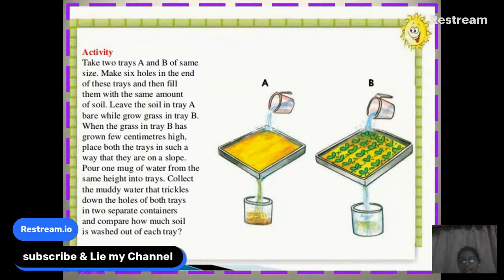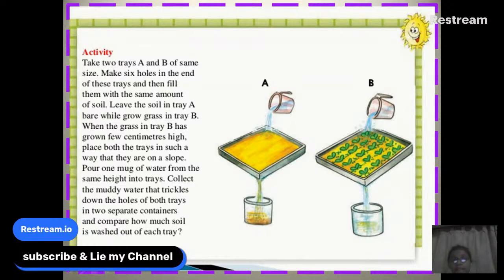Why does tray A drain more soil? Because tray B has grass growing in it, and both were on a slope, so not much soil was washed out from B, but in A there was.